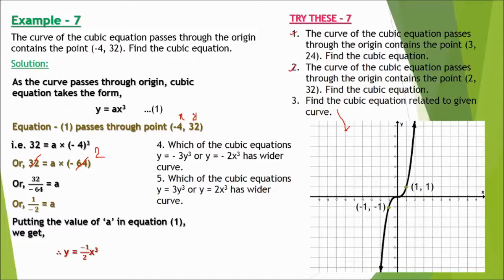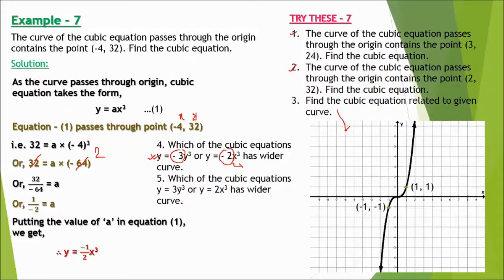And here in number 4 and number 5, see, -3 and -2 are the values of a. Which is the bigger value? The bigger value is -2. It is the greater value than -3. So which curve has the wider opening? This one. Definitely this smaller one will have the wider opening. If the value of a is less, then the curve will open wide.